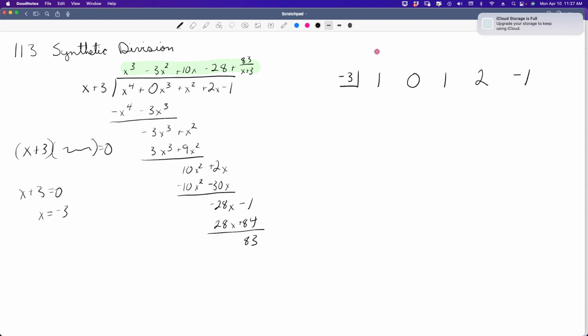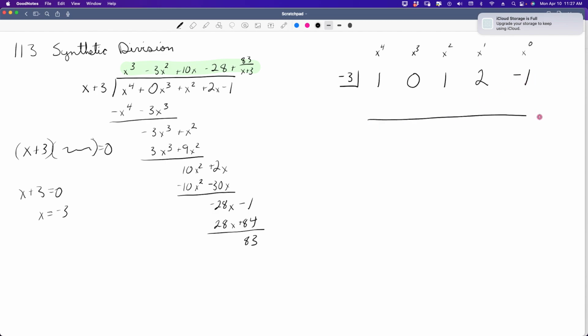Well, remember, if this is x to the 4th, we had to put a 0 in for x to the 3 because it wasn't present in our original polynomial. This is x squared, this is x to the 1. This would be x to the 0 because x to the 0 is 1. 1 times negative 1 is still negative 1. So you want to go from the highest degree of x to x to the 0 in descending order for your coefficients every single time.